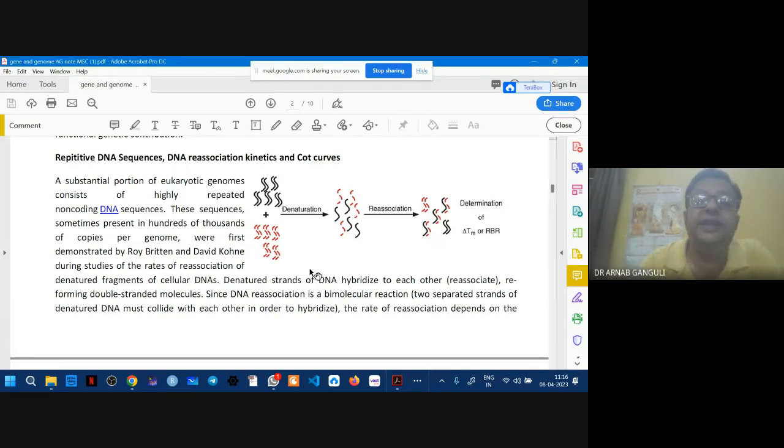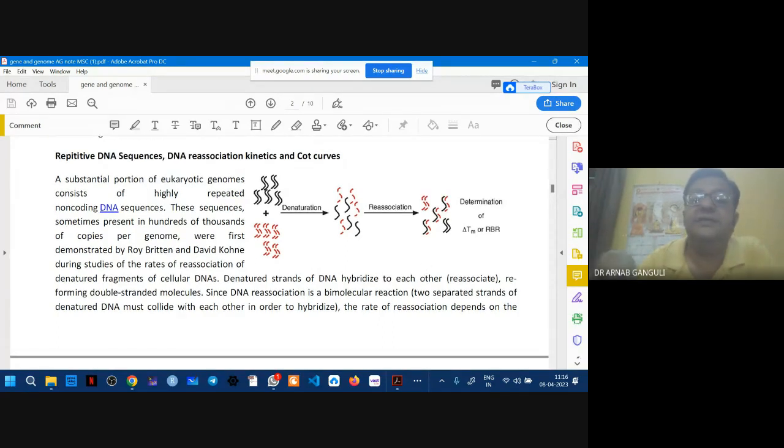If you heat DNA or add denaturing agents, what happens is that DNA denatures.